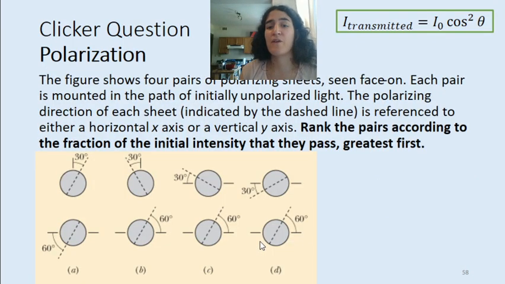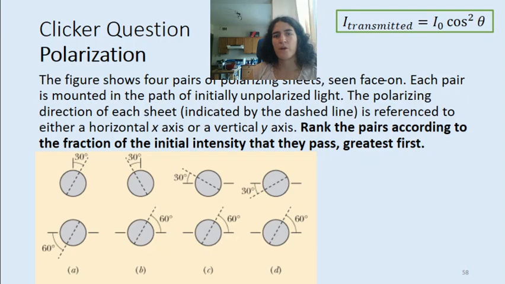Okay, so now let's try this, an interesting scenario. It's saying the figure shows 4 pairs of polarizing sheets seen face on. Each pair is mounted in the path of initially unpolarized light. The polarizing direction of each sheet, indicated by the dashed line, is referenced to either a horizontal x-axis or a vertical y-axis.